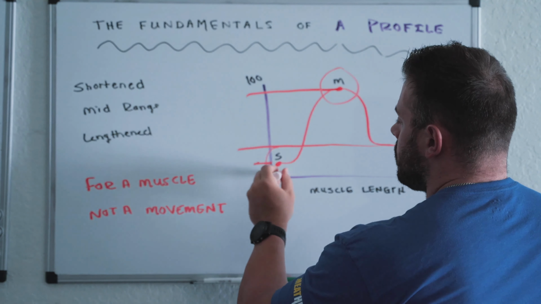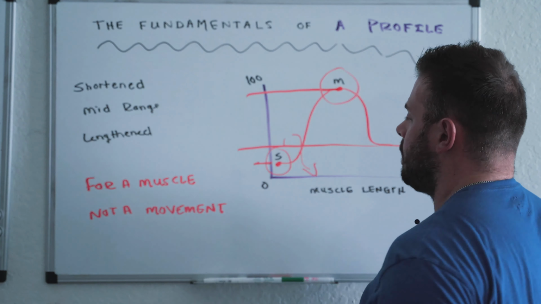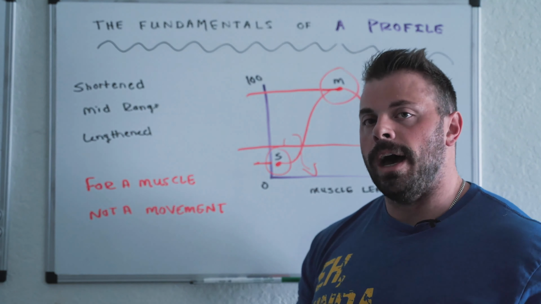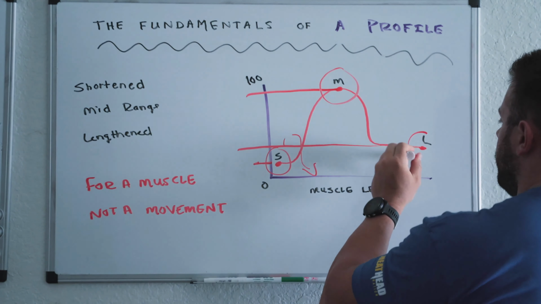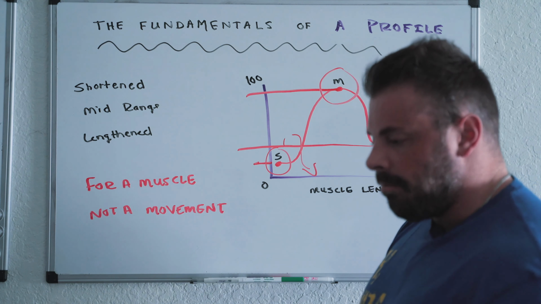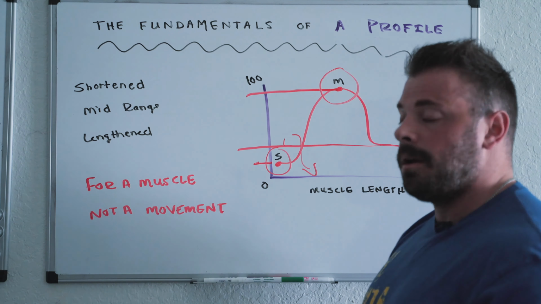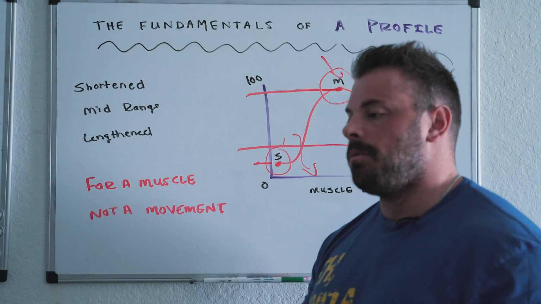Things in the shortened range, you may be able to progress quickly, but they're going to drop off much faster because your opportunity to load that muscle in that range of motion is not that great. And in the lengthened range, it's kind of like in the middle. You may be able to load that muscle there, but your progress may be a little bit slower in comparison to the middle of the range. And that changes from muscle to muscle.